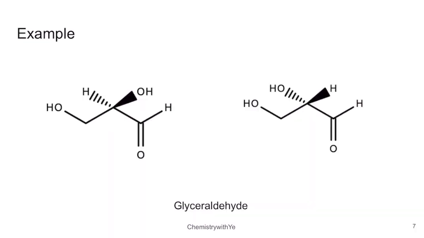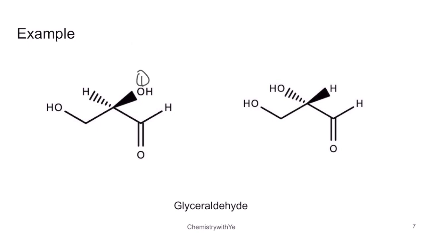The final example is of glyceraldehyde, with these carbons being the chiral center of interest. These are the 4 substituents. Where the oxygen is compared to carbon. Oxygen is greater than carbon, so this alcohol group here would be the 1st priority.